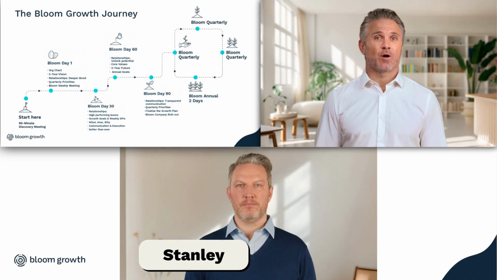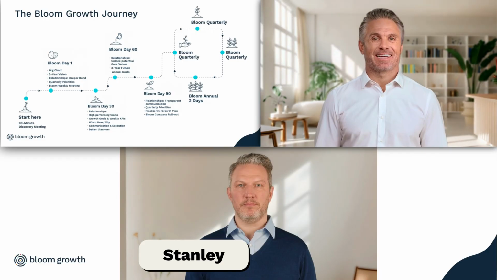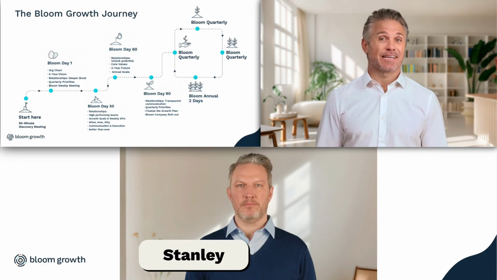As you can see, there are 4 setup days at the beginning: Day 1, Day 30, Day 60, and Day 90. And if it's not obvious, these are spread out with 30 days of sleep in between each one. It is an adult learning program. It is spaced learning with cultural change around all of this and really embracing a growth mindset, and then quite literally growing the business faster and more profitably while having a sane life experience.